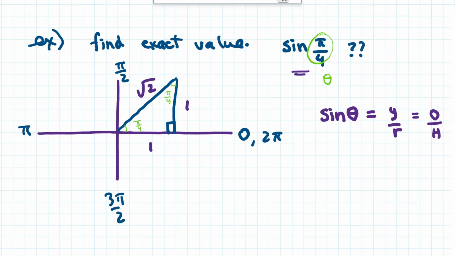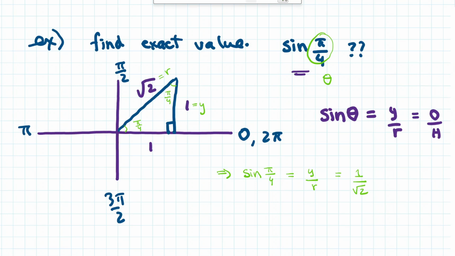So in this case, what do we see? Our y value is 1 over here, and our radius or hypotenuse value is root 2. So let's go ahead and fill that in. That means that sine pi over 4 is going to equal y over r, which equals 1 over root 2.